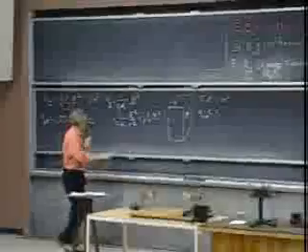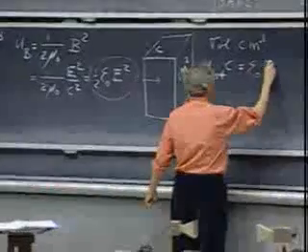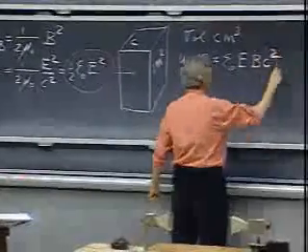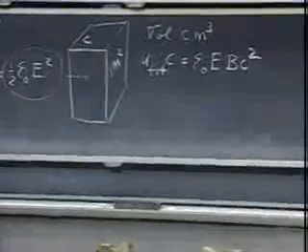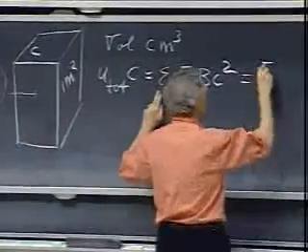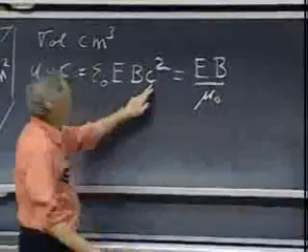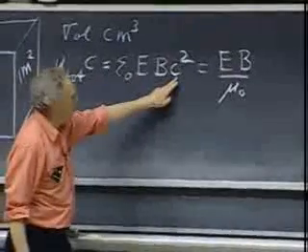and I can substitute that here, so I get epsilon 0 times E times B times c squared. I have to multiply it by this c here. And this, of course, is also E times B divided by mu 0, because c squared in vacuum is 1/epsilon 0 mu 0.